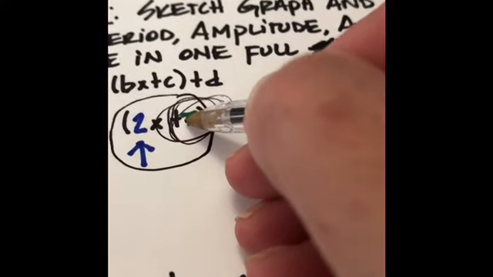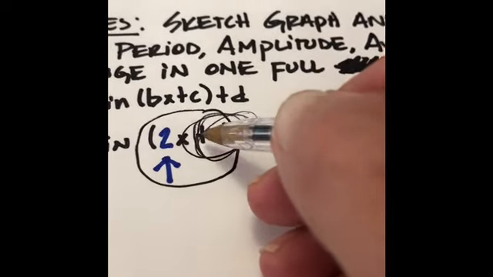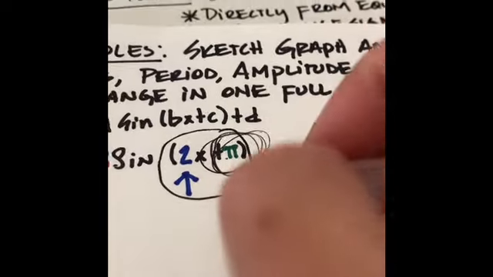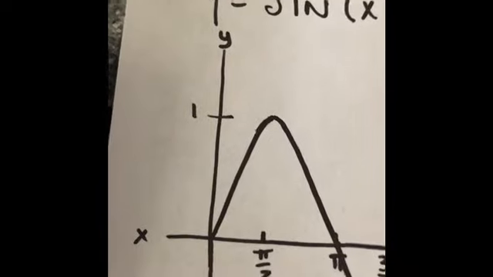Whatever is added to the x inside of the parentheses, remember that it's going to go in the opposite direction. So if this is a plus sign, this means that the graph is going to be shifted to the left from where it started, which was 0. How many units? Pi over 2. That's why we're getting these endpoints.